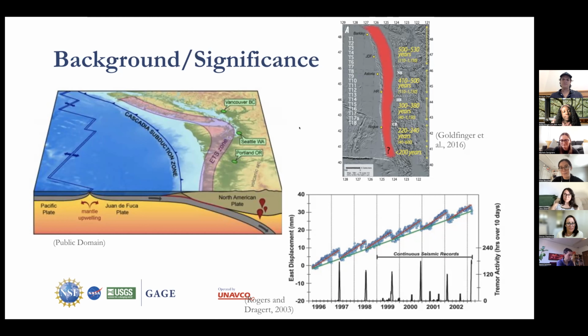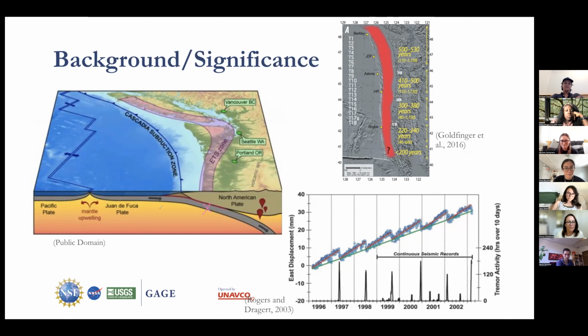And in the time between the megathrusts, it experiences slow movement and small release of stress called slow slip, where stress is released along the slab at depths of about 20 to 40 kilometers.